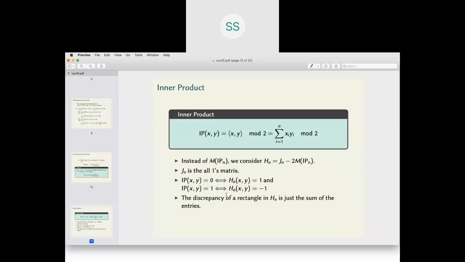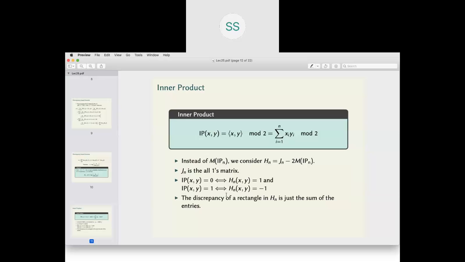So instead of the standard matrix for inner product, which is a 0, 1 matrix, we will consider the matrix Hn, which is Jn minus twice the matrix corresponding to inner product. So what this does is, Jn is the all ones matrix. So from all the entries, we are subtracting twice the entry from the all ones matrix. So if a particular entry was 0, it is 1 minus 2 times 0, so the new entry is 1.